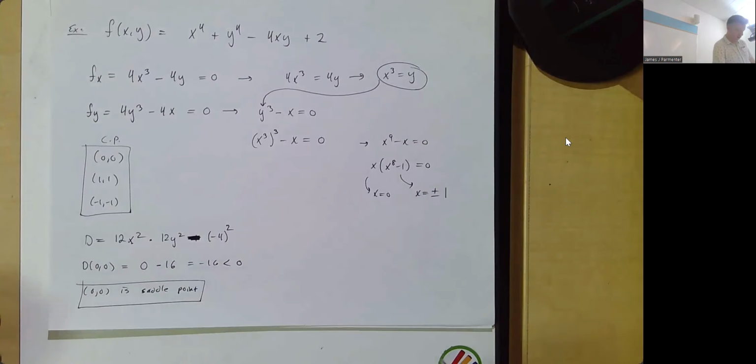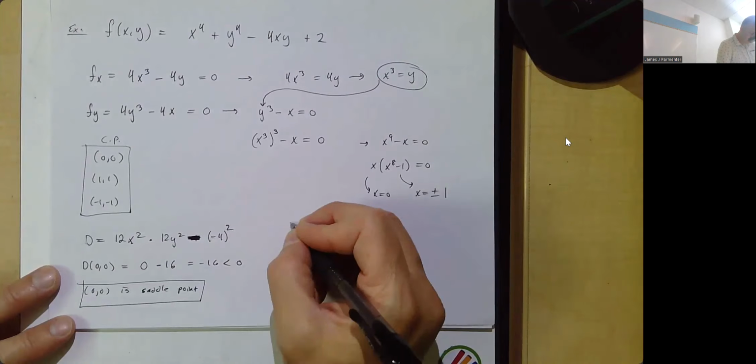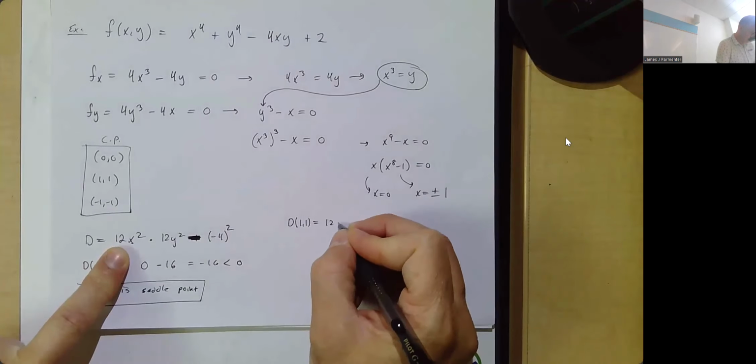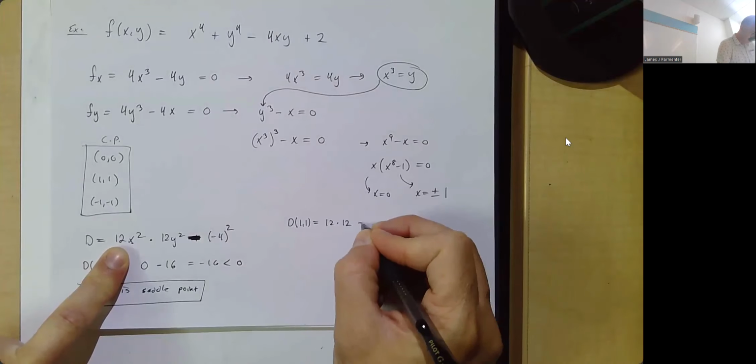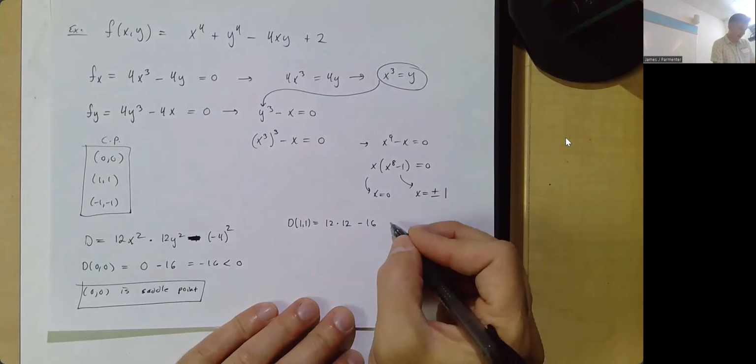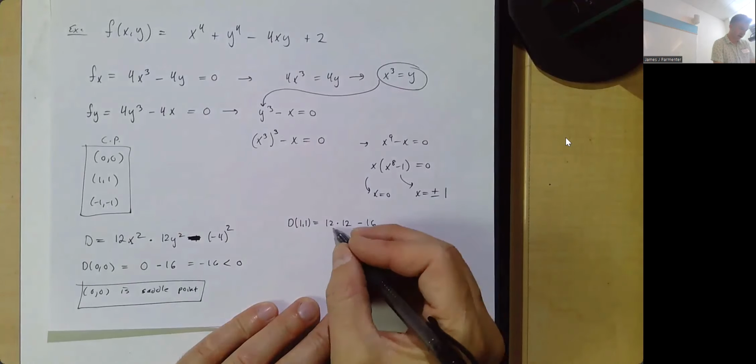Let's plug in 1, 1 and see what happens. So D of 1, 1 is going to be 12 times 1 times 12 times 1 minus 16. I don't really care what number that is equal to, and you shouldn't either. You should only care that it's positive. If you get this, you should be like, I know that this number is way bigger than that number.